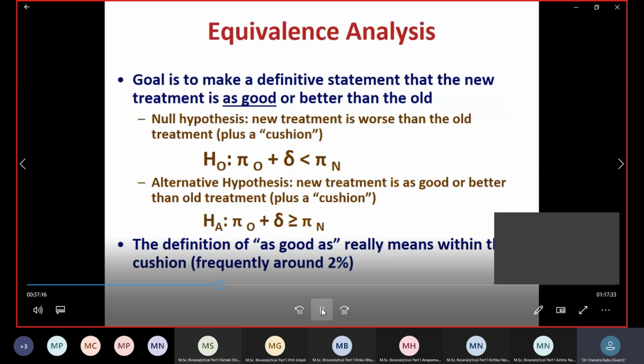That fudge factor is always there. If you're reading a non-inferiority trial, always be acutely aware of that fudge factor, how big it is, and whether you think being within that fudge factor means it's the same.